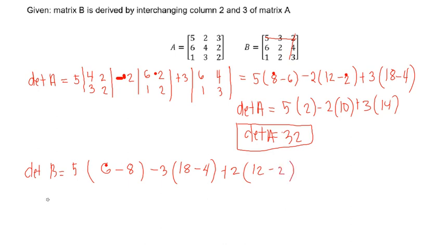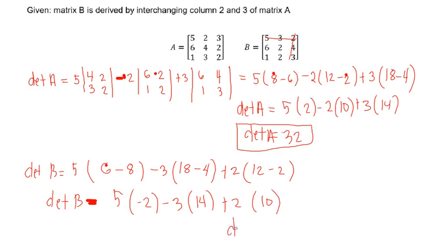So our value here, determinant of B, is equal to 5 times negative 2 minus 3 times 14 plus 2 times 10. So yung determinant of B natin, that is equal to negative 32.